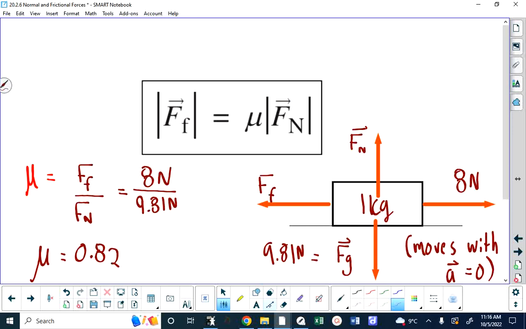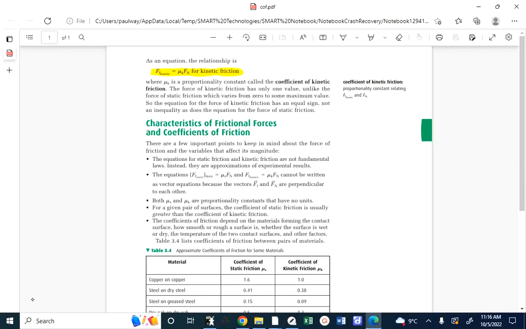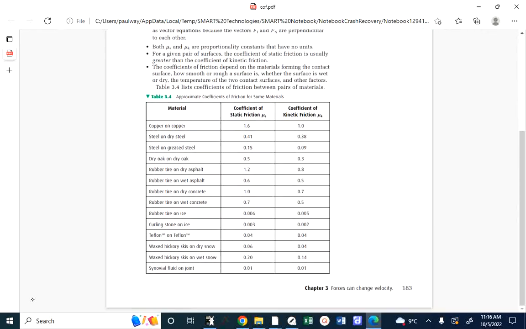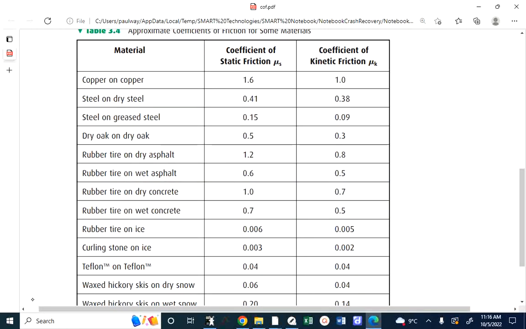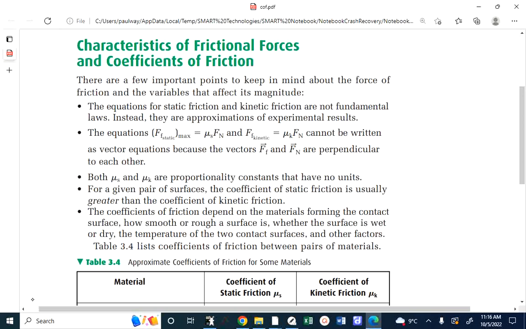horizontal surface. Okay, if we take a look, if you were to go to your textbook, and you don't have to, I have it up here, and look on page 183, you will find a discussion of friction along with some coefficients of friction. Remember, a coefficient of static friction is the frictional force when the objects are not moving.